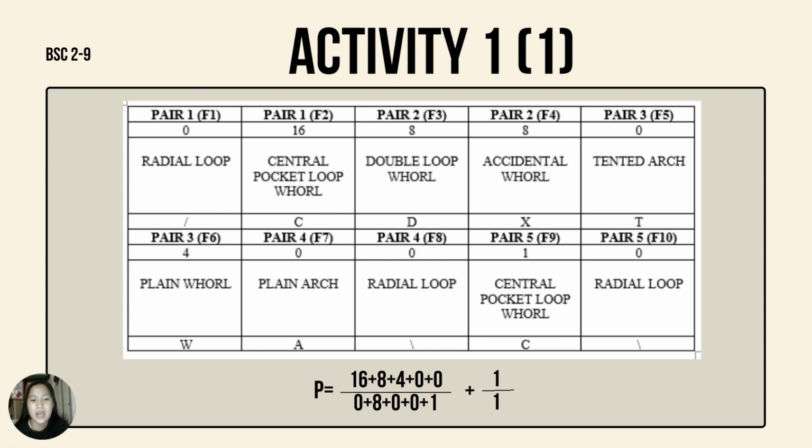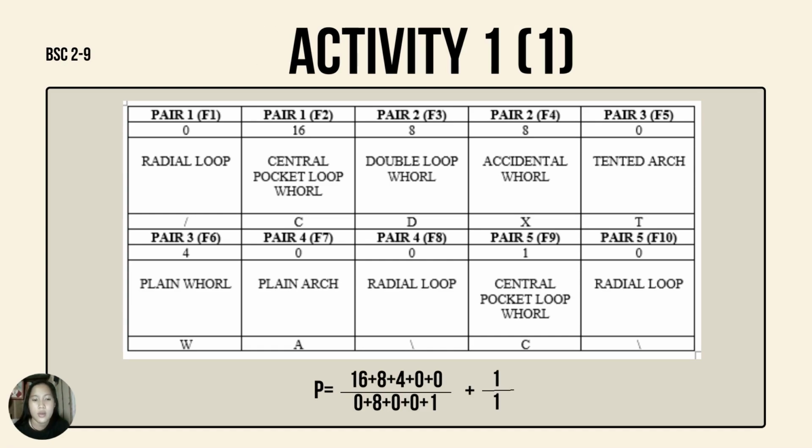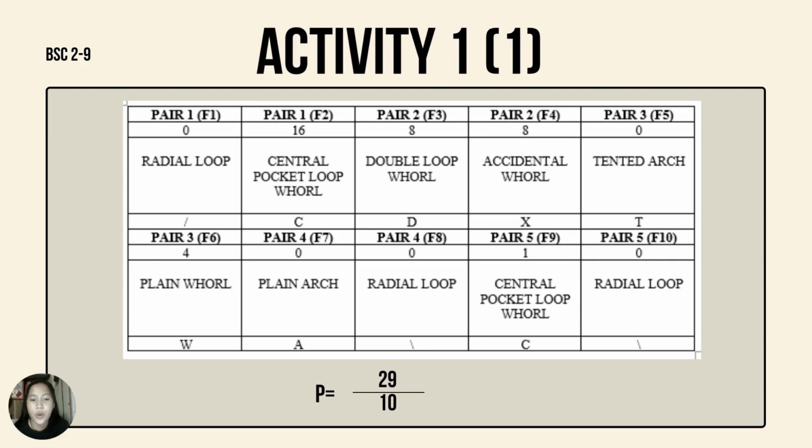So 16 plus 8 plus 4 plus 0 is equal to 28, and 0 plus 8 plus 0 plus 0 plus 1 is equal to 9. We add 1 over 1, so it would be 29 over 10.